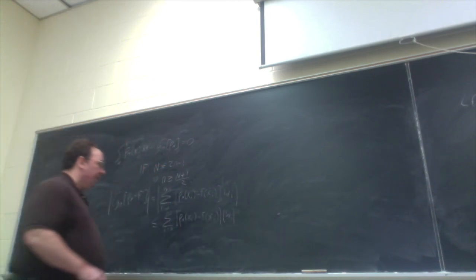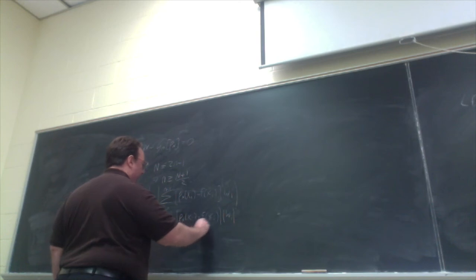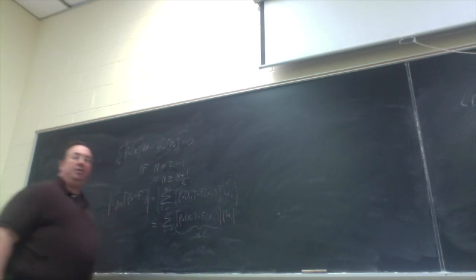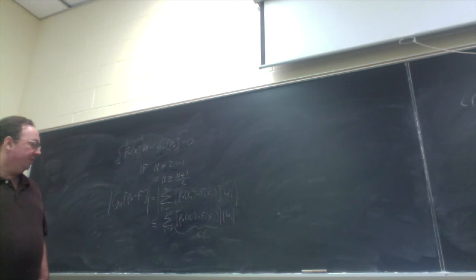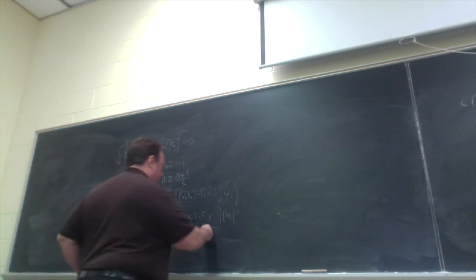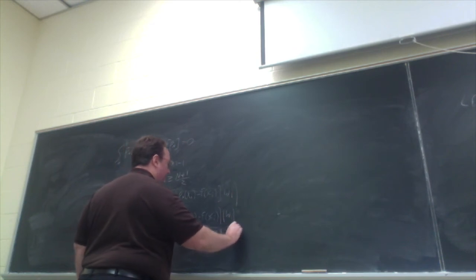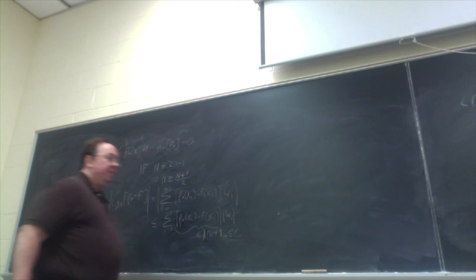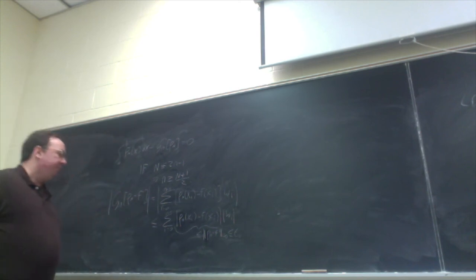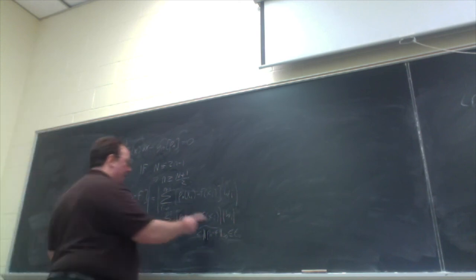Now, this part right here is less than or equal to epsilon naught, because this is certainly less than or equal to the infinity norm of Pn minus F, and that is less than or equal to epsilon naught. So I can pull that out.